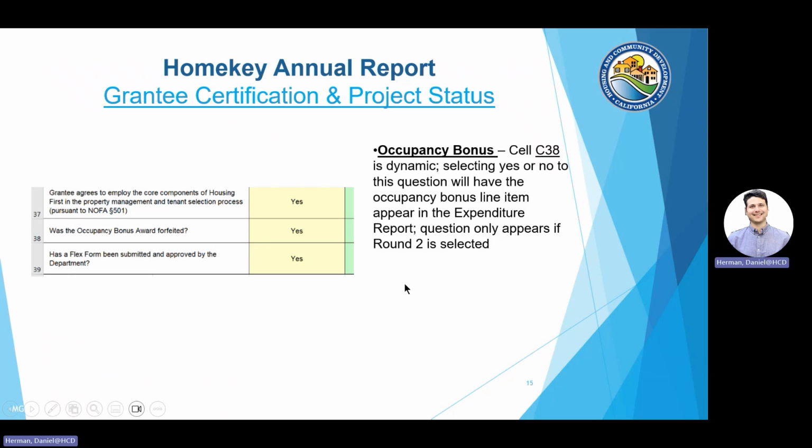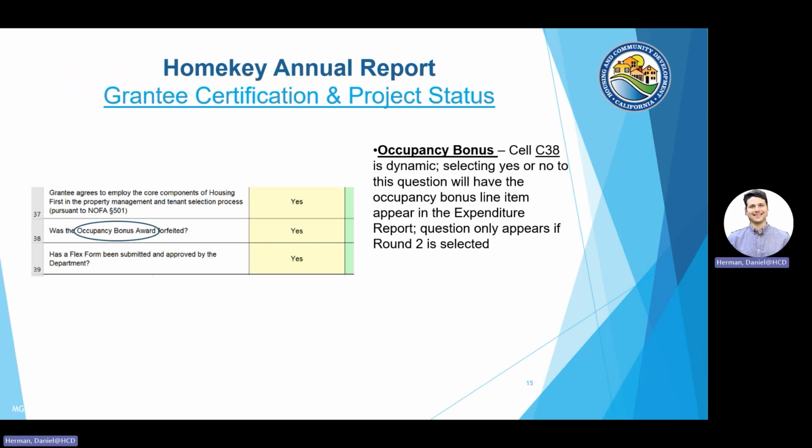The next 2 questions concern only round 2 projects. If you selected round 2 as your round earlier in the form, then these 2 questions will appear regarding occupancy bonus awards and flex forms. The question for row 38 is, was the occupancy bonus award forfeited?